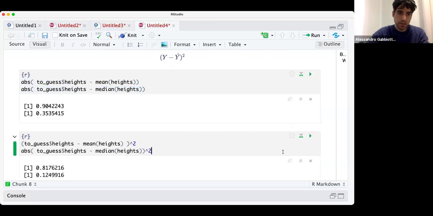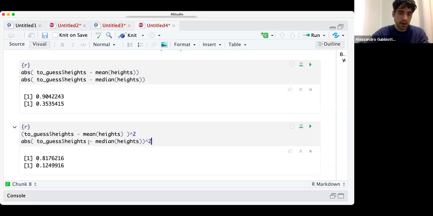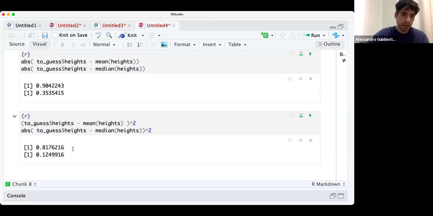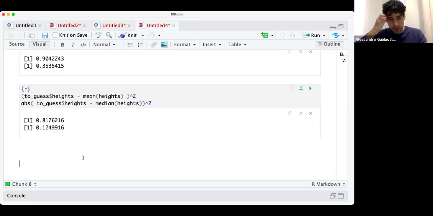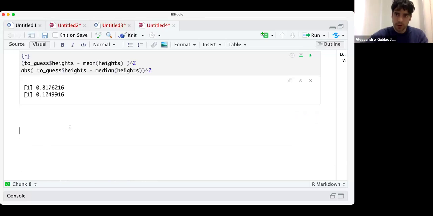Now still the median is better. So this is to say that to give a notion of good prediction, one possible way is to define a penalty.